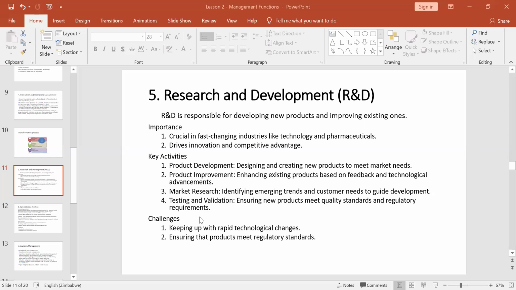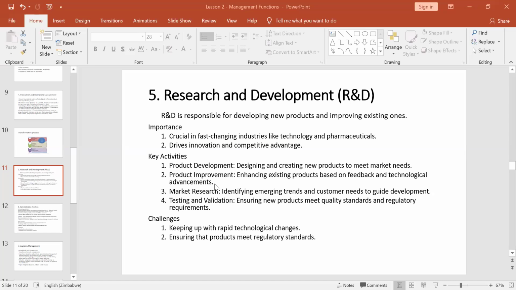They keep on going as long as you have a research and development team. That team is always at work. They are always finding ways to develop new products. They are always finding ways to improve the existing products. They are always researching what the consumers need, and they are always testing and validating to make sure that you are meeting the standards that you want.